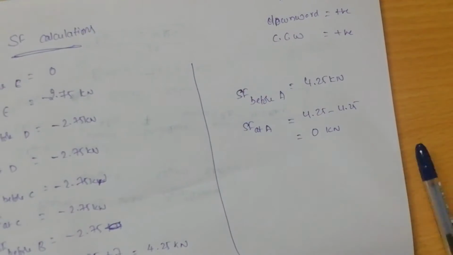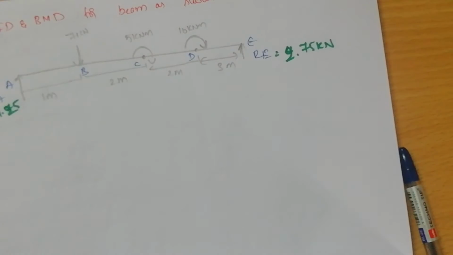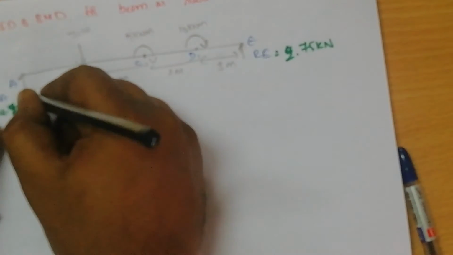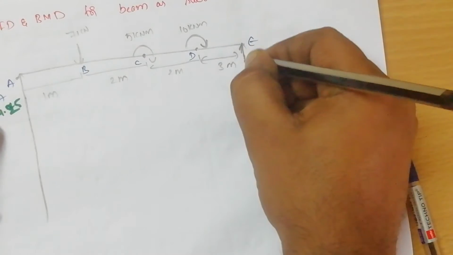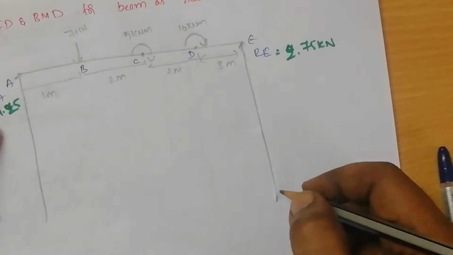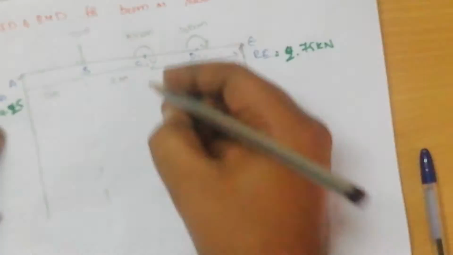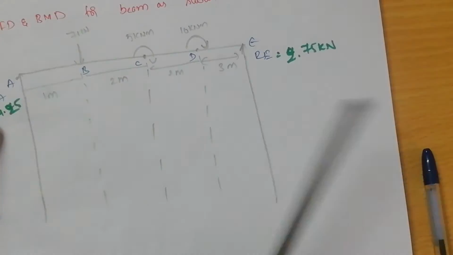Once you get the values, we have to draw the shear force and bending moment diagram. Let us draw the diagram. I will extend the corner lines, and these lines I will draw using dotted lines.